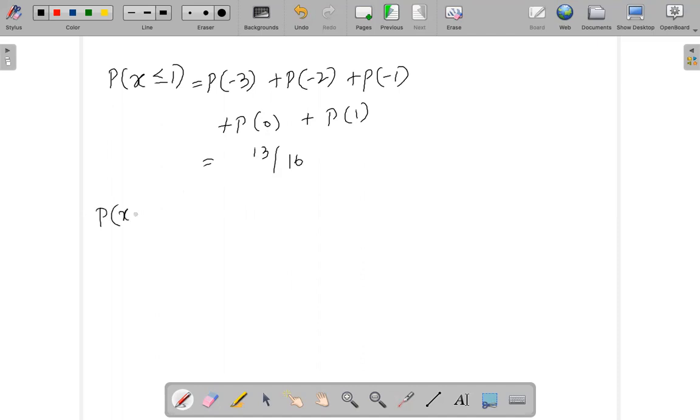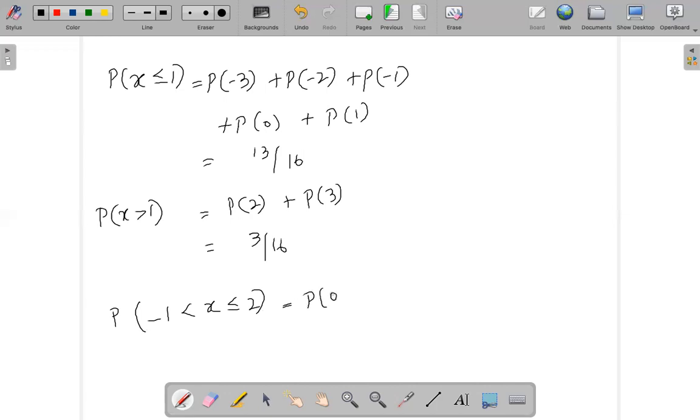P of x greater than 1 is P of 2 and P of 3, so you get 3 by 16. And P of minus 1 less than x less than or equal to 2 is P of 0, P of 1 and P of 2, which will be 9 by 16.